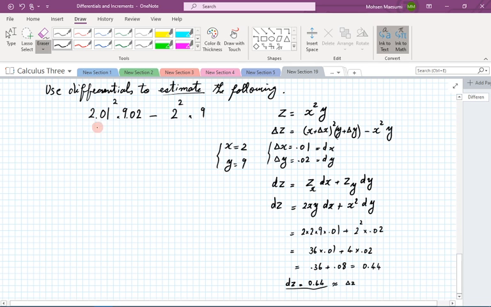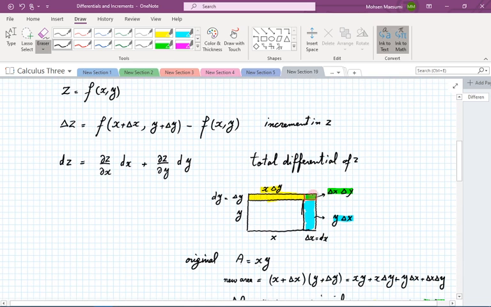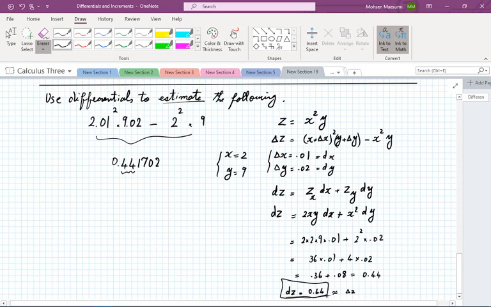When I do this on the calculator, I get 0.441702. That's the exact value of this quantity. What we are getting is just 0.44, so we are recovering this much of the answer, and the rest of it essentially gets thrown to the side. That extra little piece that is not calculated anymore is what we are sacrificing for the speed of calculation.